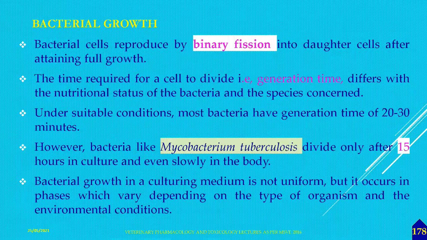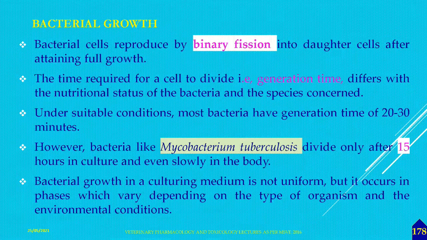In the case of E. coli, it has a very fast generation time, 20 to 30 minutes. Bacteria like Mycobacterium tuberculosis divide only after 15 hours in culture and even more slowly in the body. So they are slow developers, whereas E. coli and others are very fast developers.